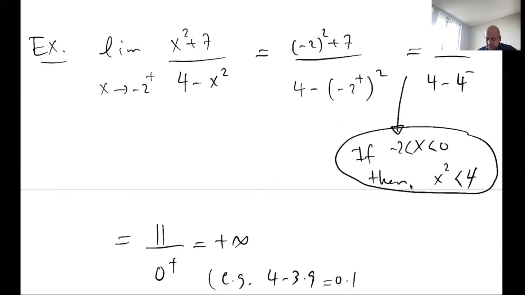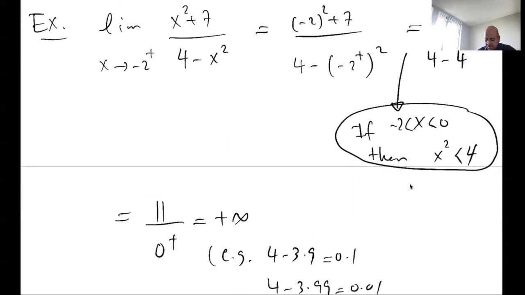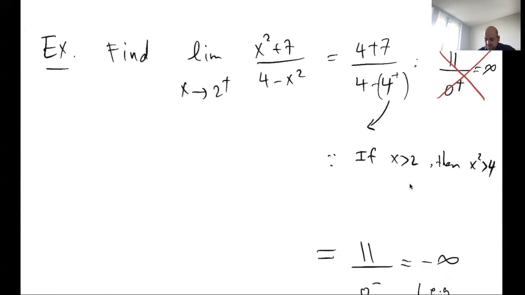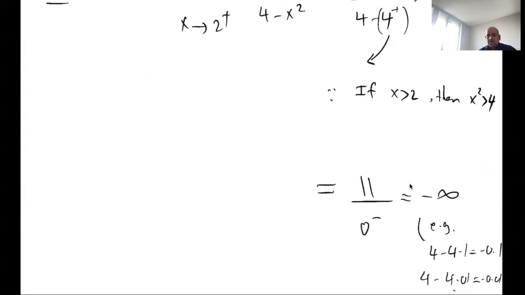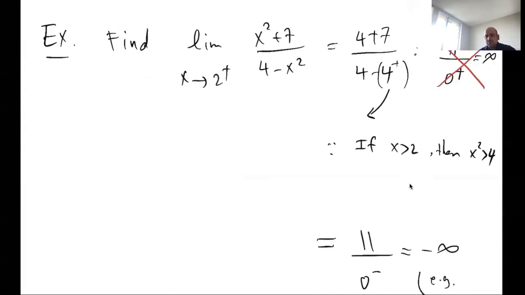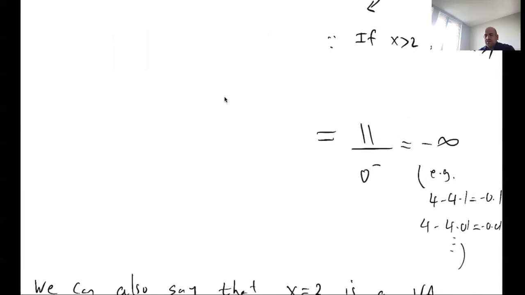So the limit when x approaches minus 2 from right is plus infinity. Limit x approaches 2 from right was minus infinity. So I gave these examples to show you that this sign here, whether plus or minus, has nothing to do with this sign here, whether plus or minus.